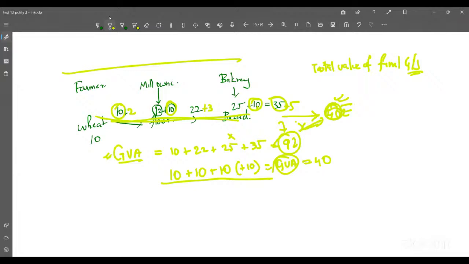When you calculate GVA, you will be finding out the development of each sector. You will know how the sector is performing.